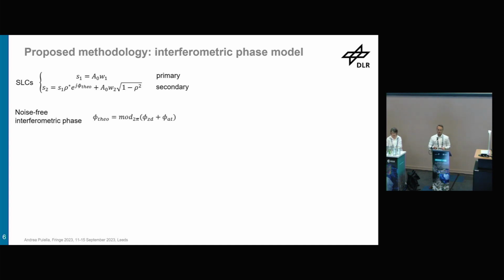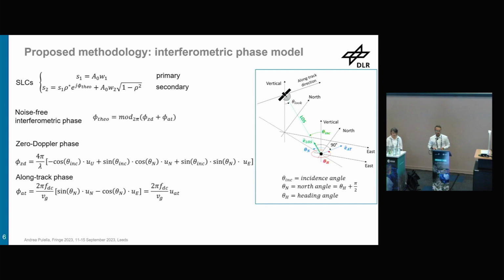Indeed, it is the sum of these 2 phase contributions, which can always be extracted if we know the deformation. Given a deformation, we can always use these geometrical properties, and in this geometrical system the incidence angle and the heading angle have an impact.